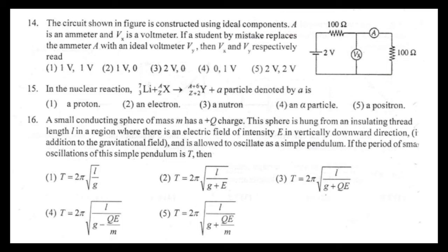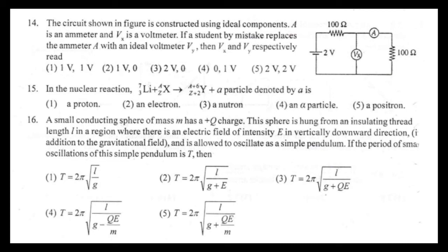If there is only a gravitational field, the period of oscillation of a simple pendulum is given by 2 pi square root of L over g, where g is the acceleration. Now here, in addition to the gravitational field, there is an electric field also.